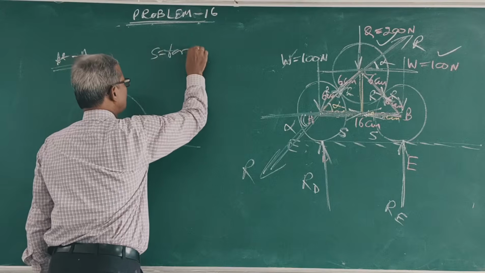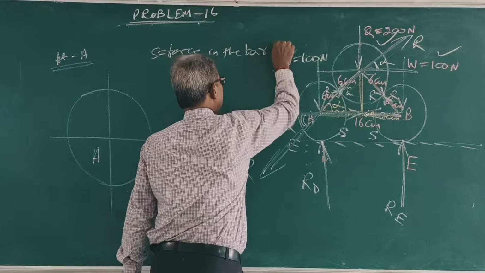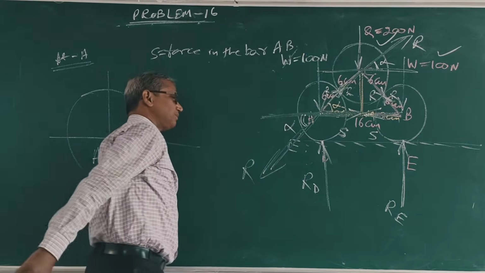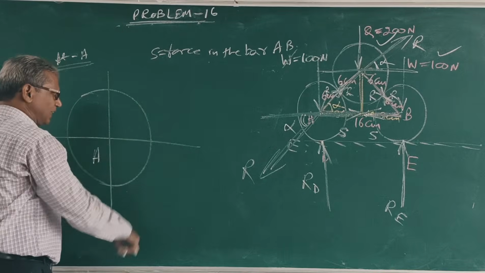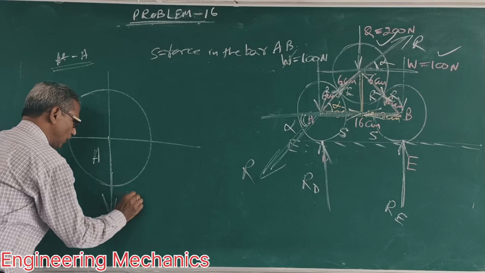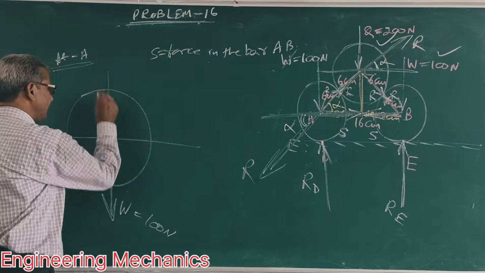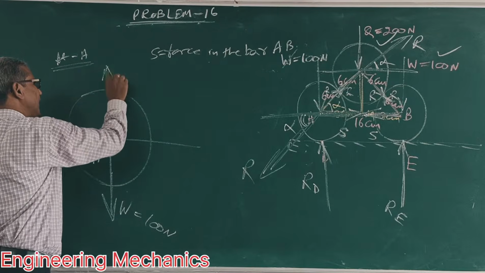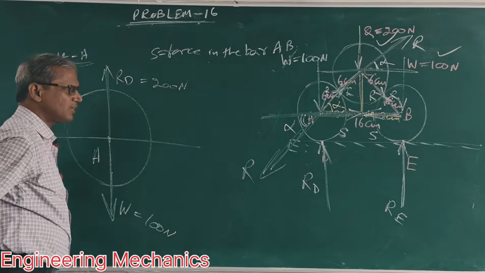Force in the bar AB. At A, weight is acting downwards. This is weight W, 100 Newton. This is RD. What is RD? 200 Newton. This is S.